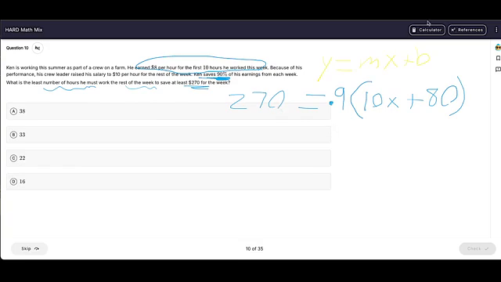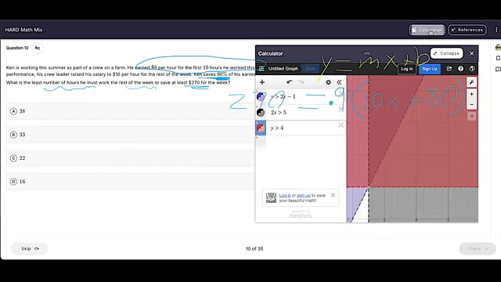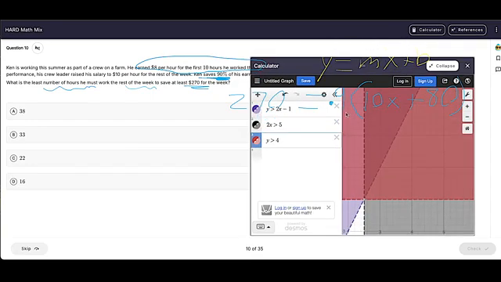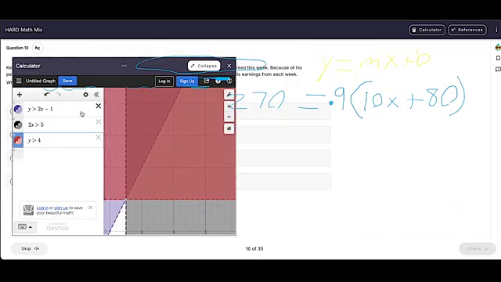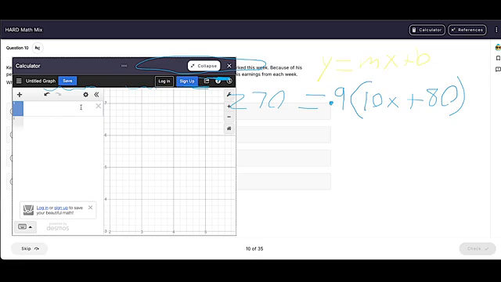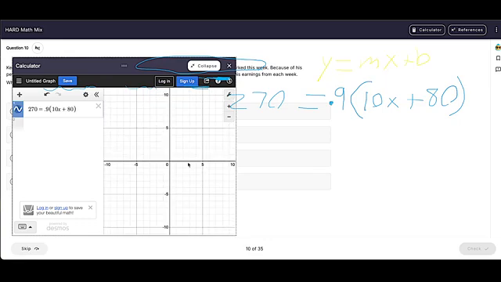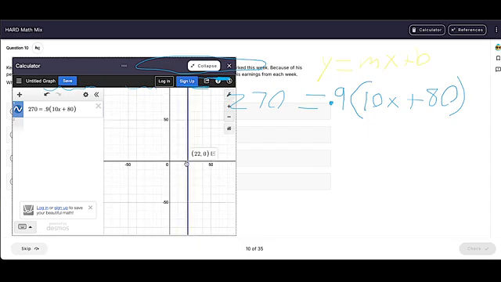And here we could plug this into Desmos. And yeah, we could obviously solve this out, but I like to throw stuff into Desmos whenever possible because not all of us are great at doing math on paper or mental math. So if you have 270 equals 0.9 times (10x plus 80), then we're going to get our answer, which is 22.